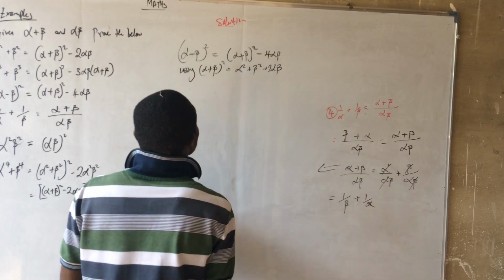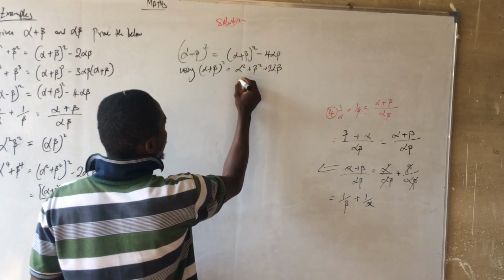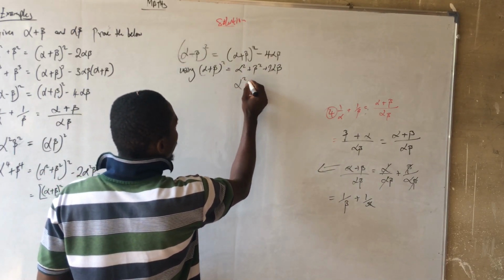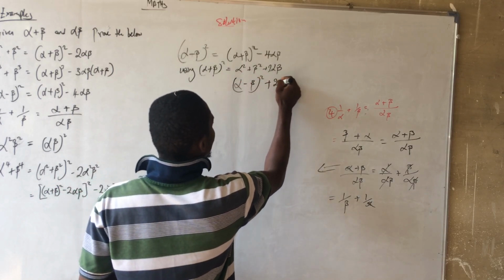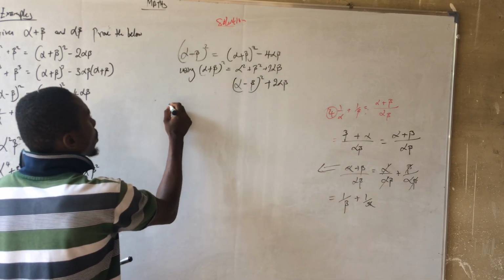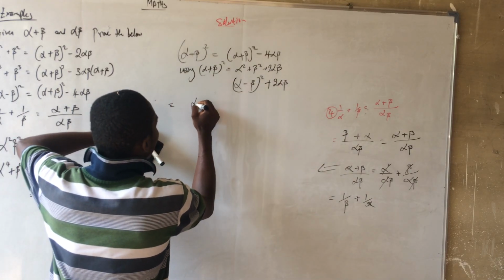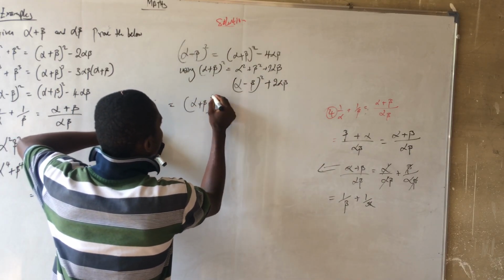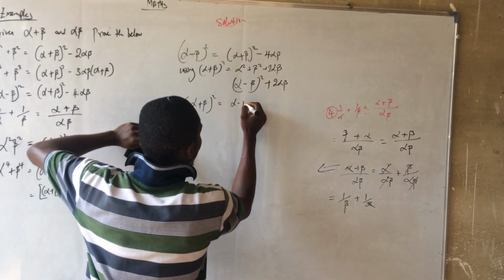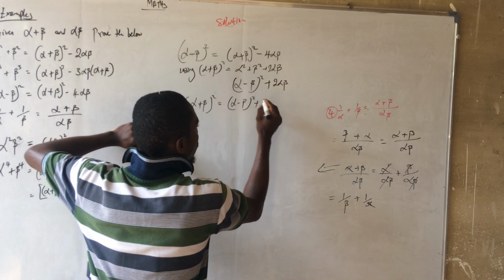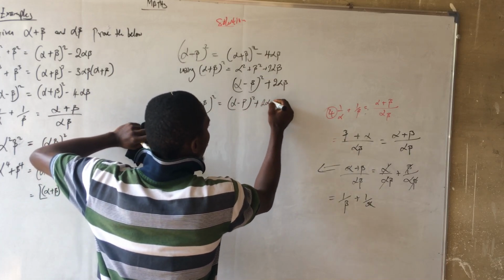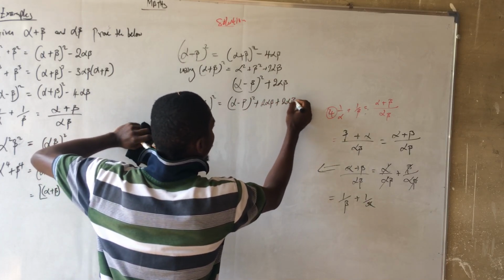What we are actually looking for is to obtain this. So we now say that this is what? Alpha minus beta all squared plus 2 alpha beta. So now what we're going to have here is what? Alpha plus beta all squared is equal to alpha minus beta all squared plus 2 alpha beta plus 2 alpha beta.